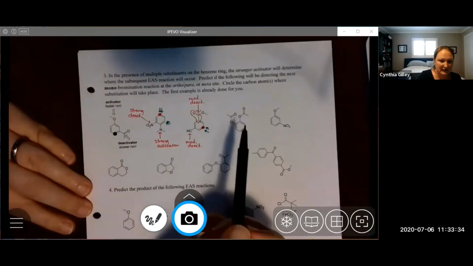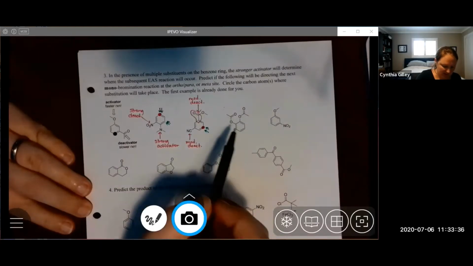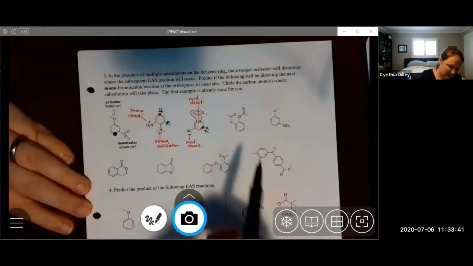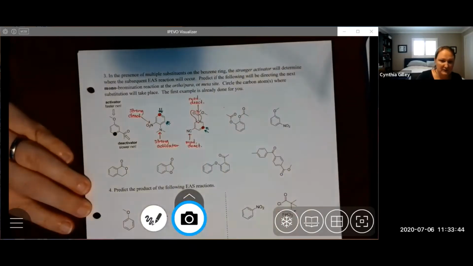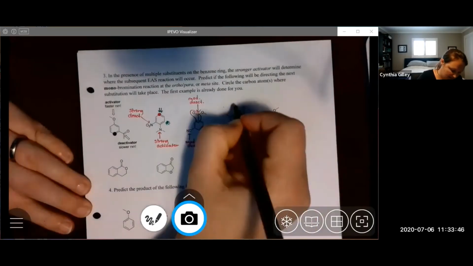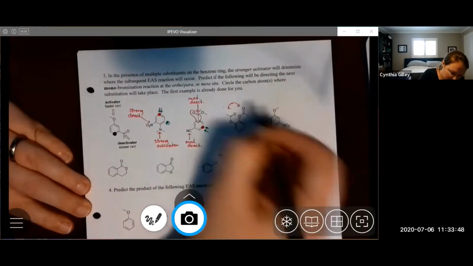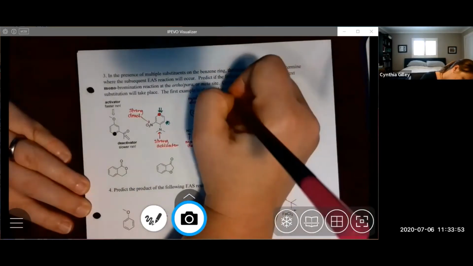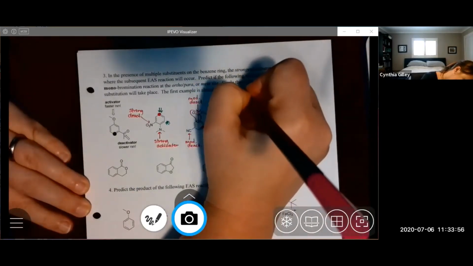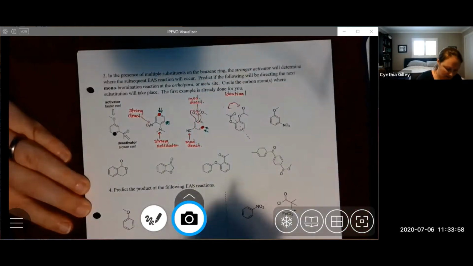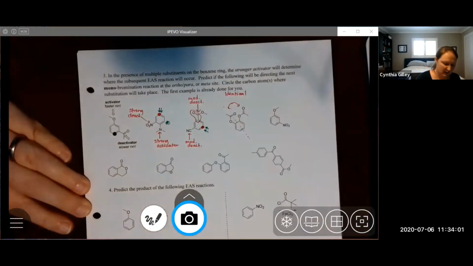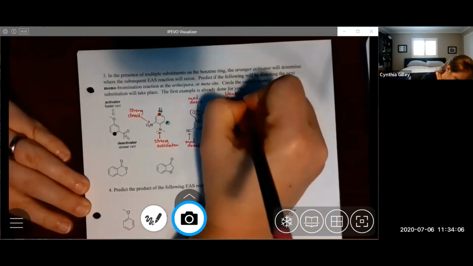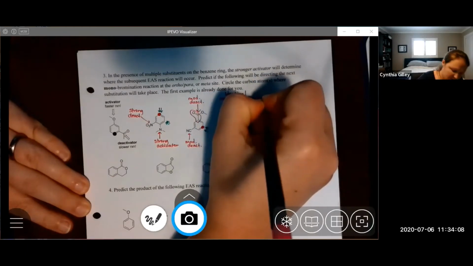And then this one looks strange because you can't see that there's an internal plane of symmetry in the way it's drawn. But if you look at the fact that these are identical groups, and the oxygen is directly attached to the ring here, they are moderate activators, which means they're ortho-para directors.